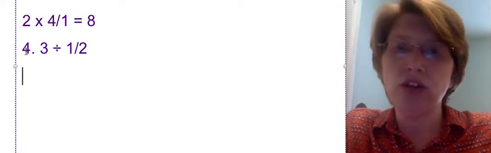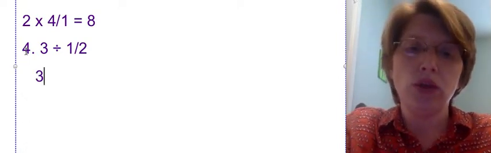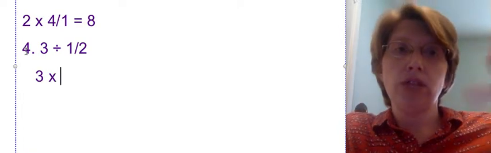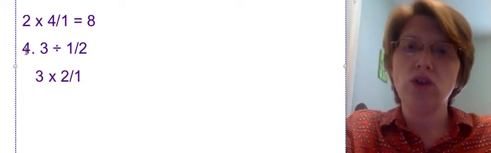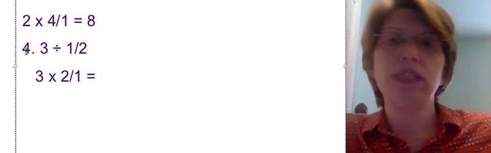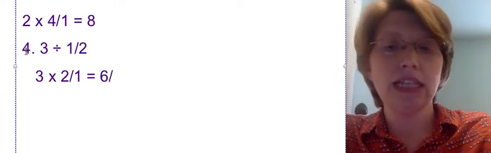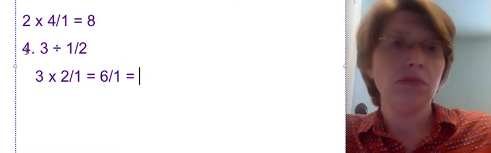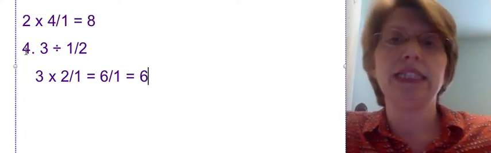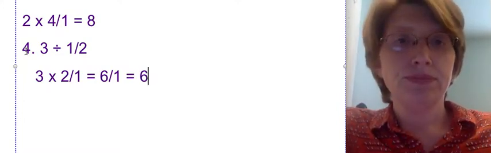Here we go. Underneath, I want you to rewrite 3 times flip, 2/1. Now we simply multiply straight across. 3 times 2 is 6/1. We get rid of the 1. It's the same as 6. Okay.